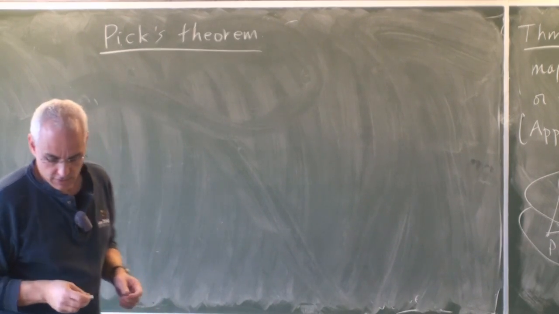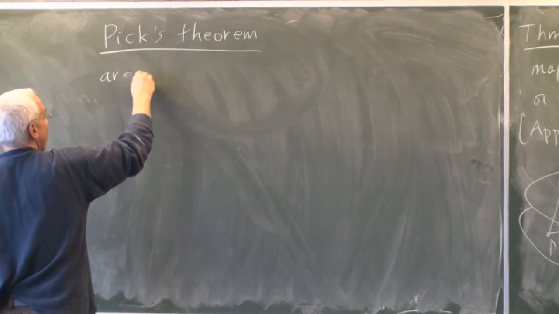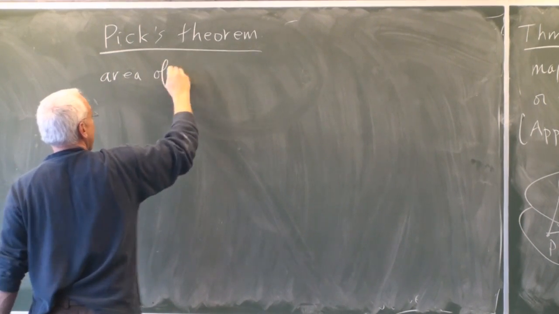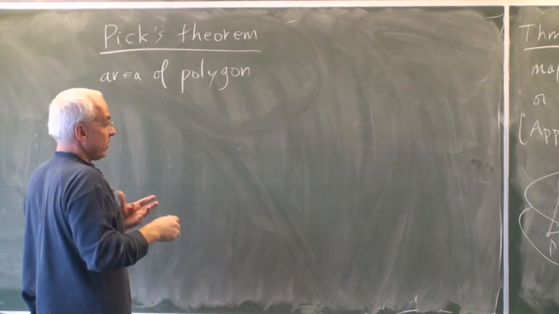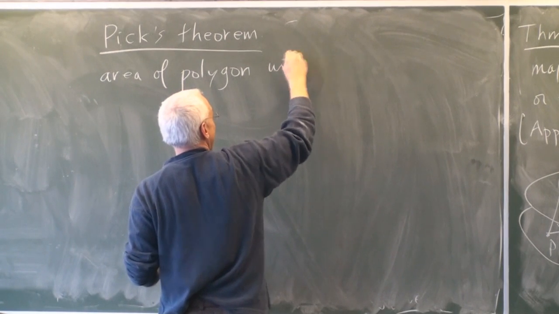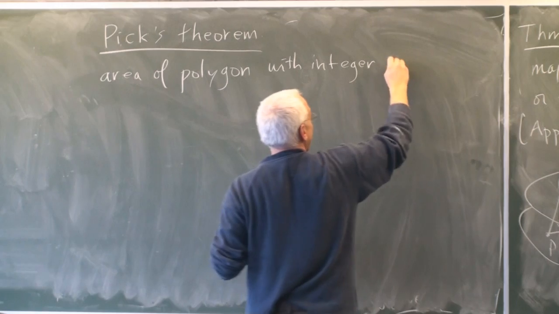Okay. So it's a theorem about areas. Area of a polygon in the plane with integer vertices.